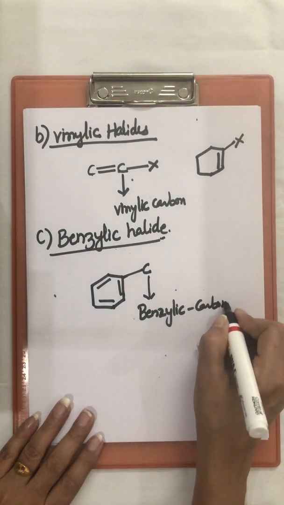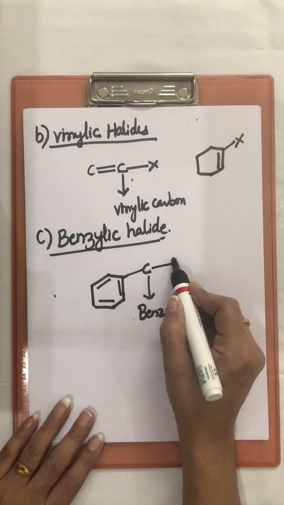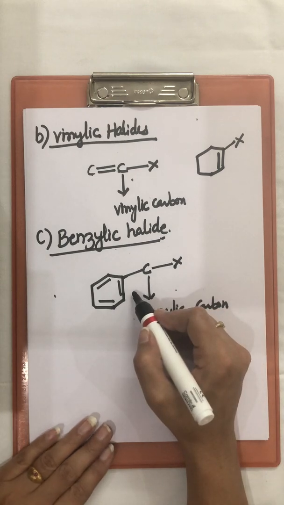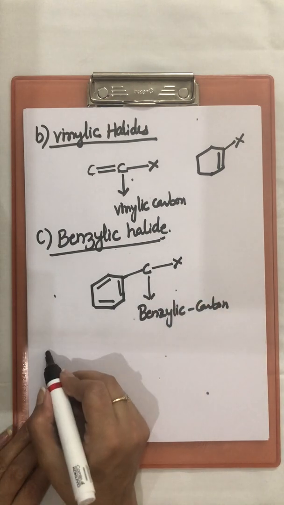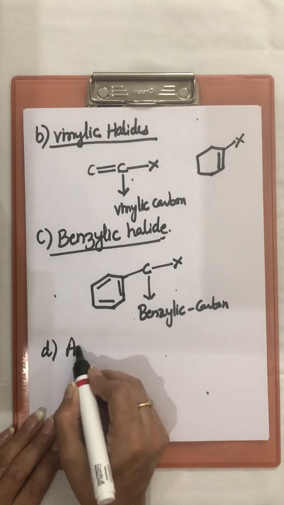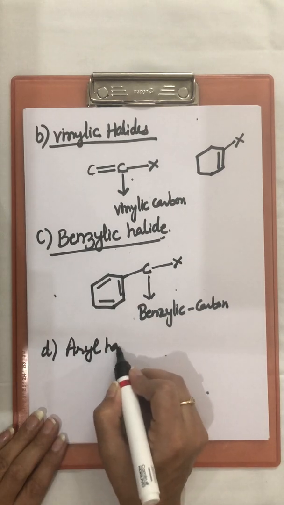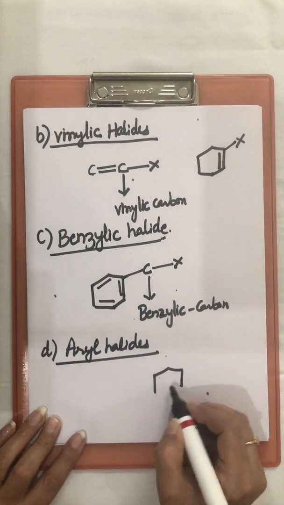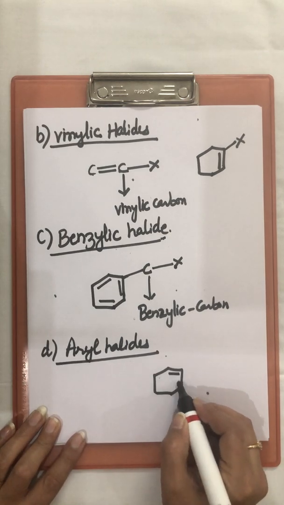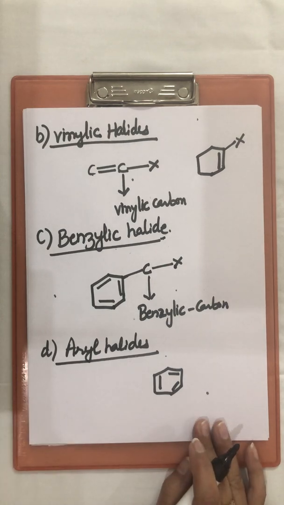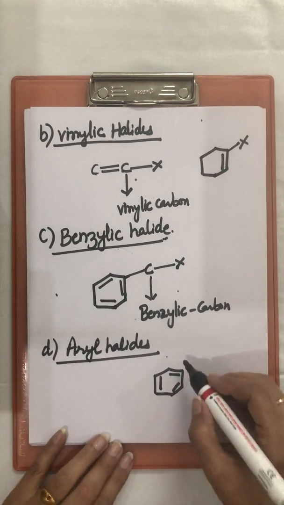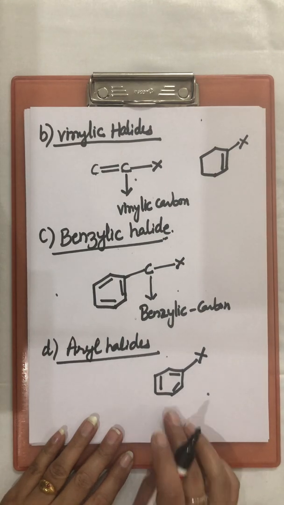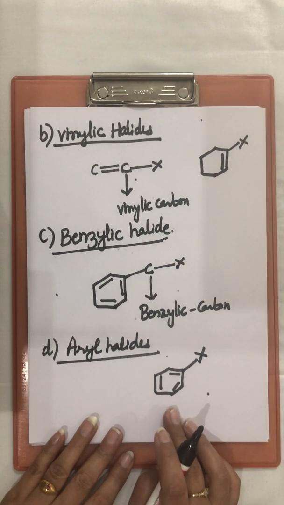This is benzylic carbon. And to this carbon, if we attach a halogen, that becomes benzylic halide. Last is aryl halides. This is arene or aromatic compound, and directly to this if we attach halogen, that becomes aryl halide.